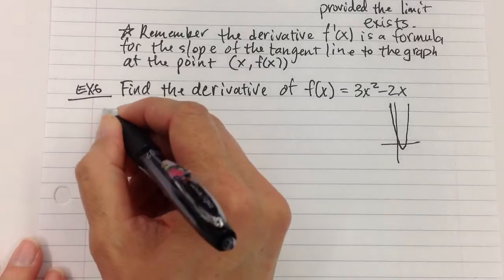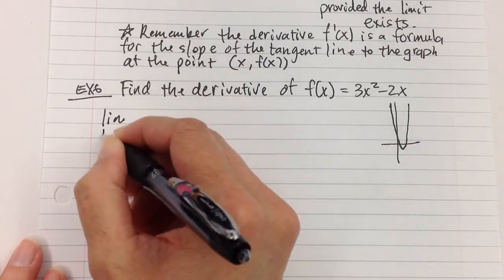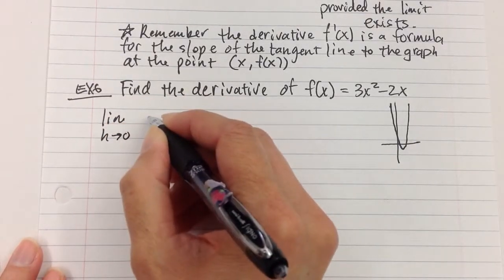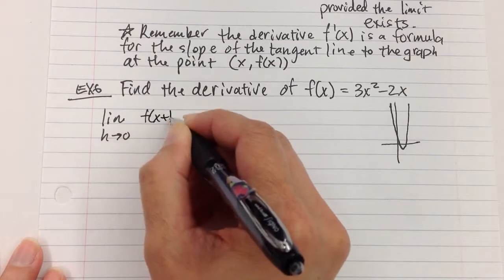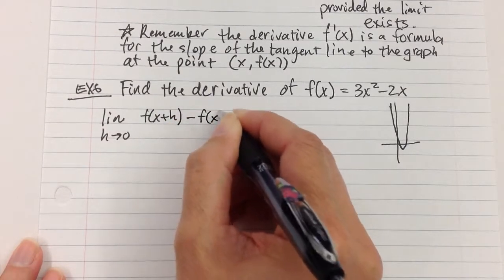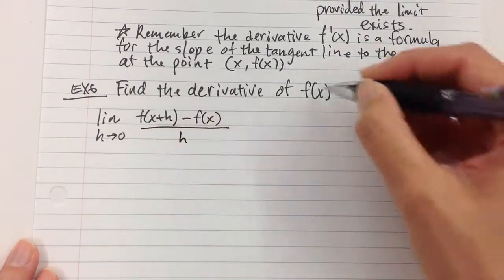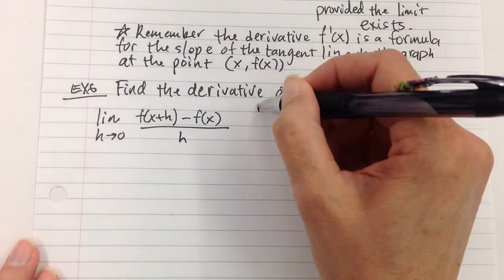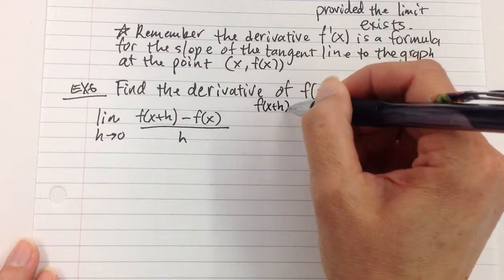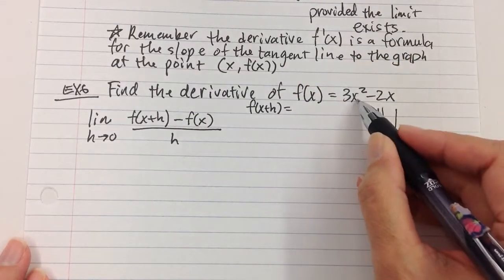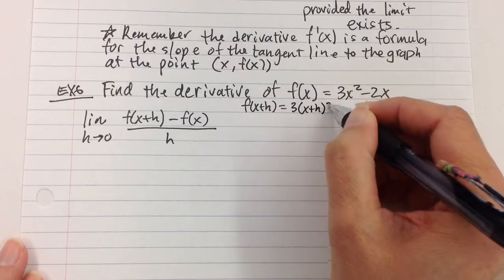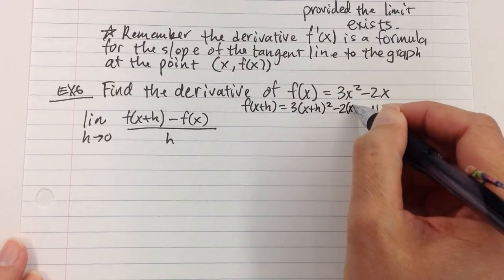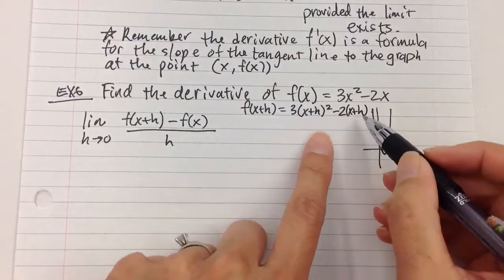So let's use our limit as h approaches 0 of f of x plus h minus f of x all over h. Okay, let's write what our f of x plus h is. f of x plus h is going to be, we're going to replace x with x plus h, so 3 times x plus h squared minus 2 times x plus h. Okay, you see that?